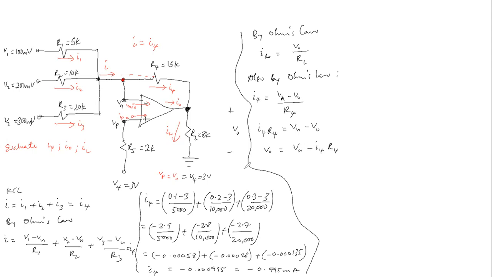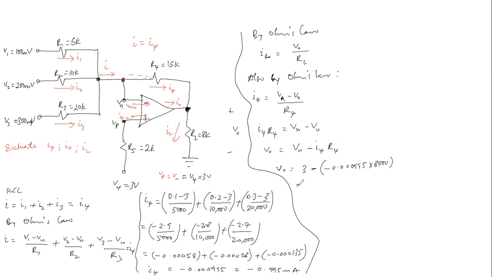Now, by the voltage constraint, we already know that V sub p is the same as V sub n, which is the same as V sub 4, which is the same as 3 volts. So that V naught will be 3 volts minus I sub 4, which is minus 0.000995, times R sub 4, which is 8K, which is 8,000.